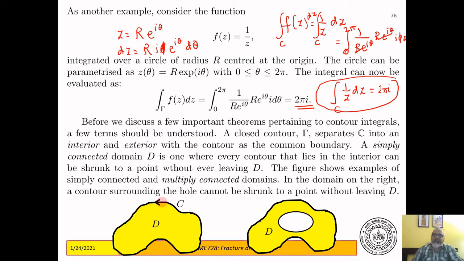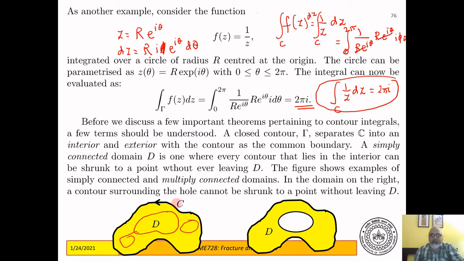So it is always traced in the anti-clockwise direction, and a contour traced in the anti-clockwise direction is a positive contour. D is called a simply connected domain, because if you draw any curve inside D, you can shrink this curve to a point without ever leaving D, and that applies to any curve.